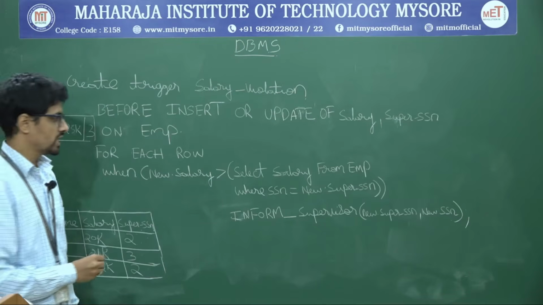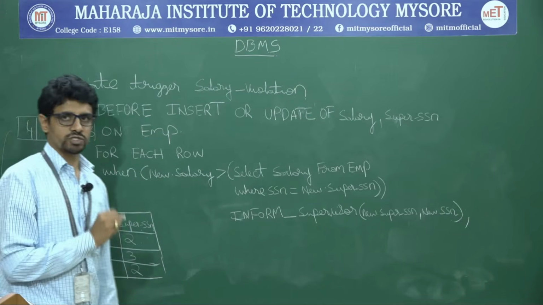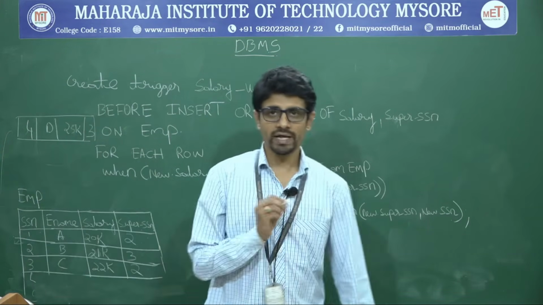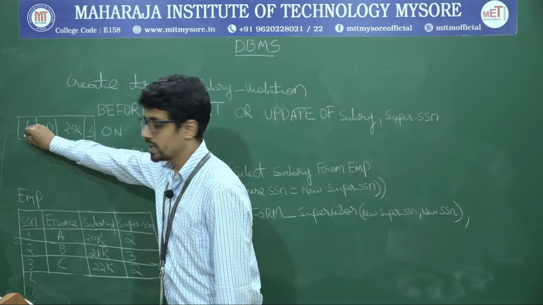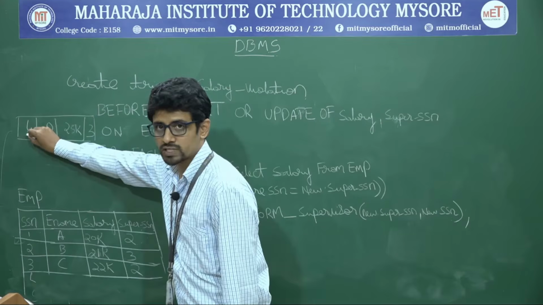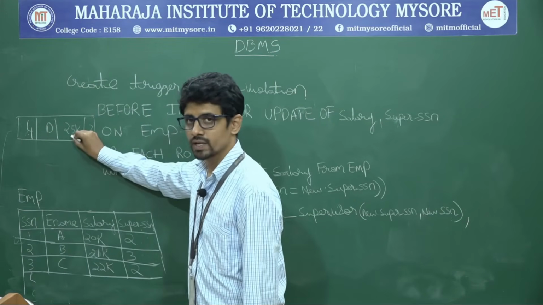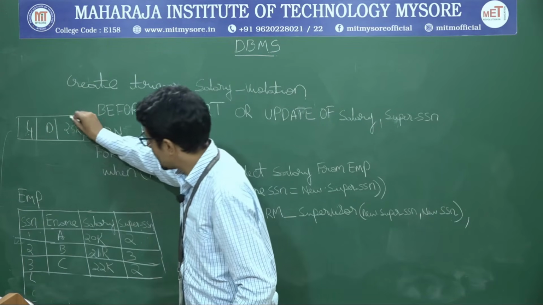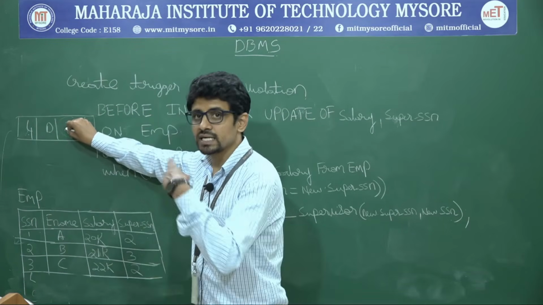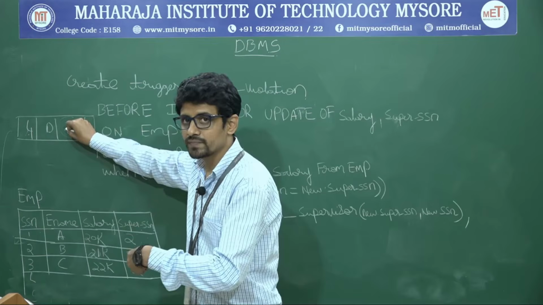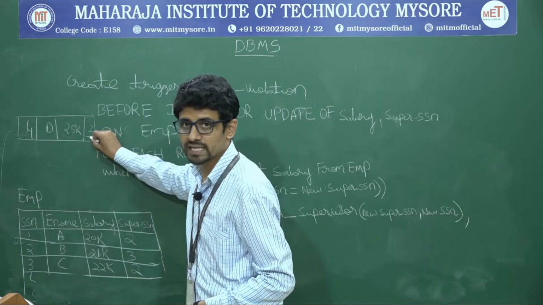Now what I want to do is, before insert I want to check the row you are inserting, that particular new employee whose SSN is 4 and his salary. I need to check the salary of the employee you are inserting, whether it is greater than or lesser than that of the person you are making his supervisor.